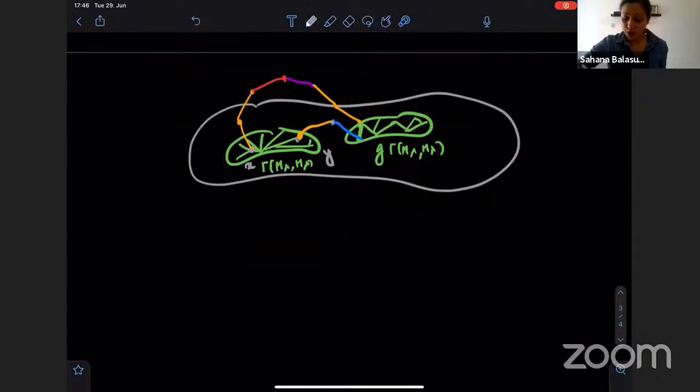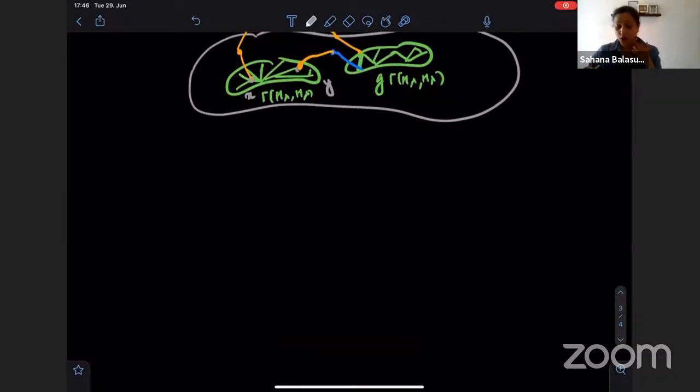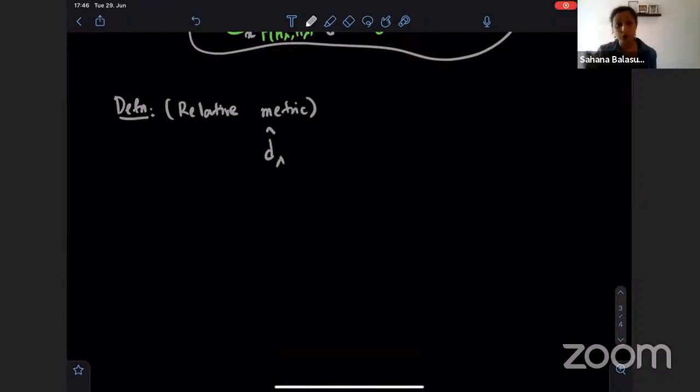But what are we trying to do with these admissible paths? We're trying to build a very special metric on our subgroups. So here is the definition of what is the relative metric. I'm going to define this metric for every subgroup in my collection, and hence I have this little subscript lambda.